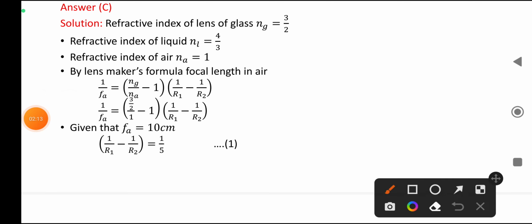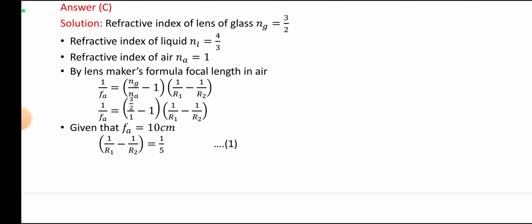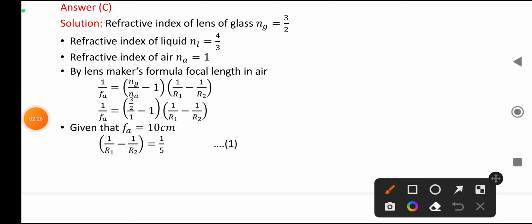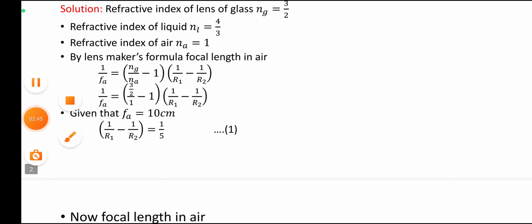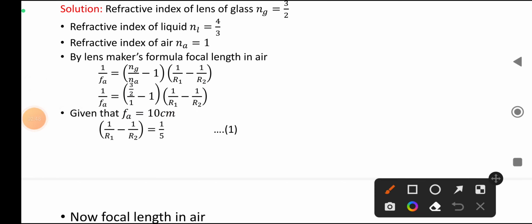Substitute those values, and here you get 3/2. The f value is 10, also given above, when it is in air. Substitute here and simplify these two things and you get this one. Let it be equation number 1.